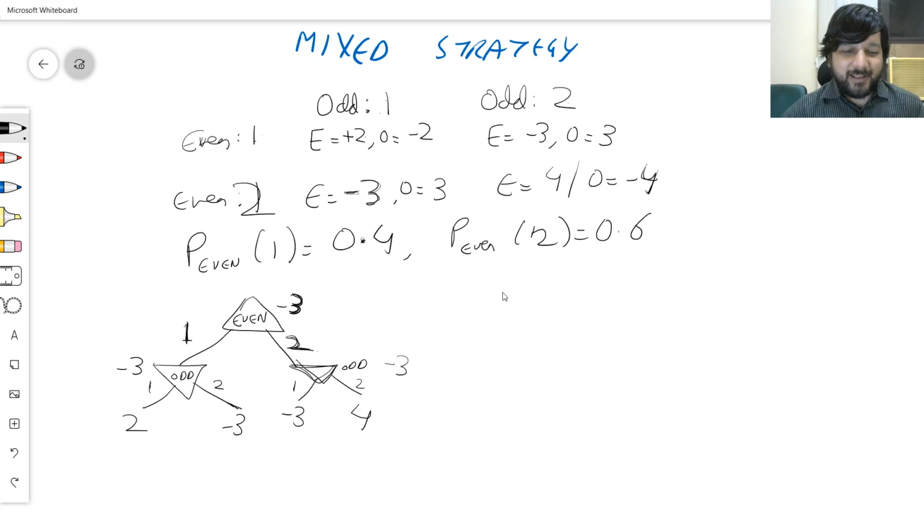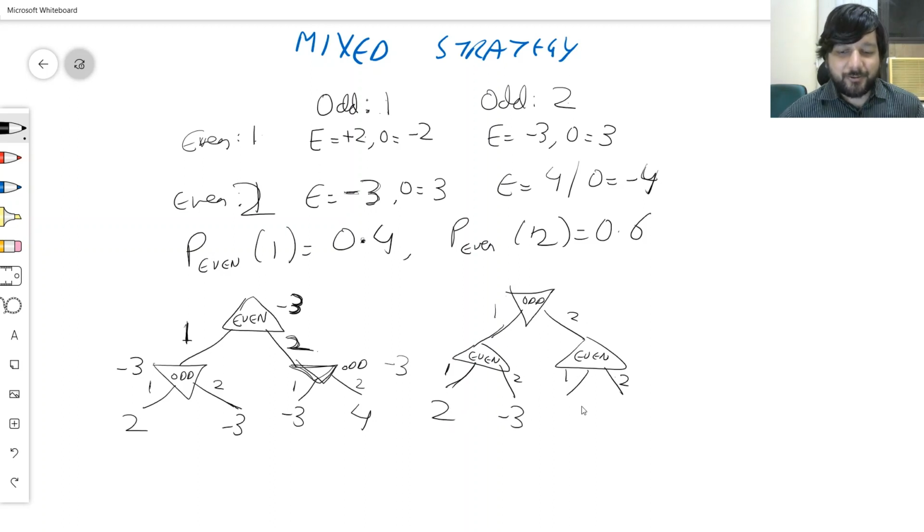Let's do it the other way around. What if I have odd play first, and then even? 1 plus 1, 2, is even. 2 plus 3 is odd, 2 plus 3 is odd, 2 plus 2 is even.